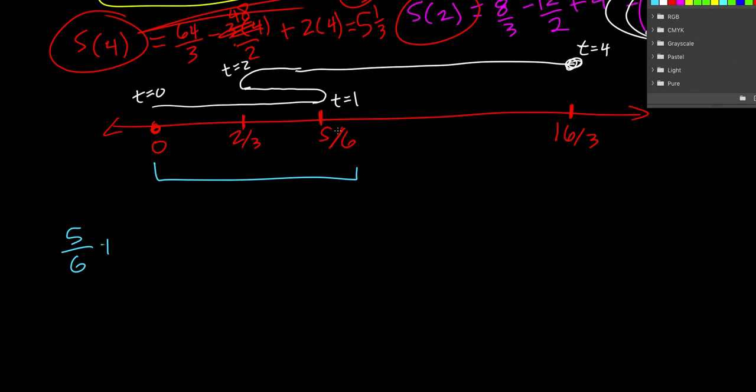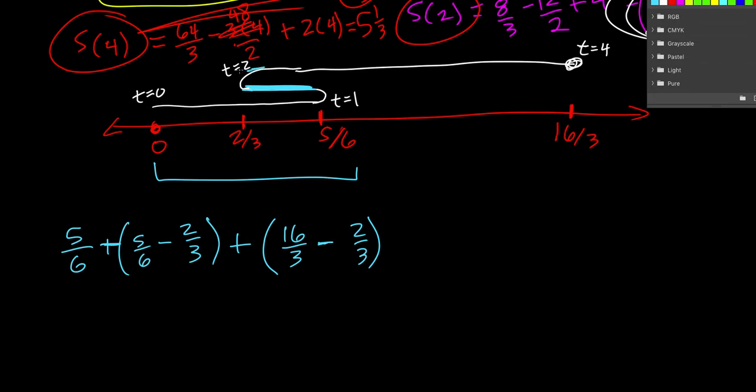And then we add that where we take 5/6 and subtract 2 thirds. That's going to tell us the distance from here to here. And then we're going to add that to the distance from the endpoint, 16 thirds, minus 2 thirds, which is the distance from here to here.